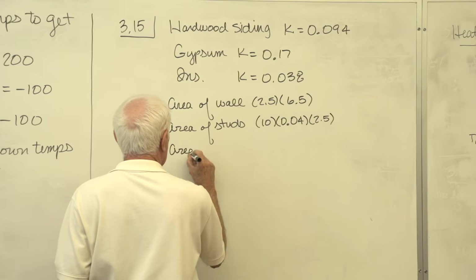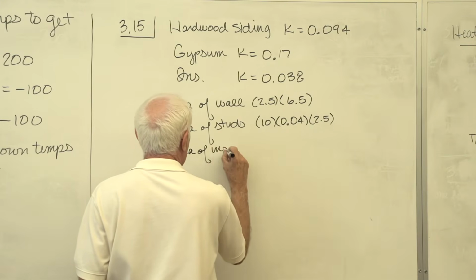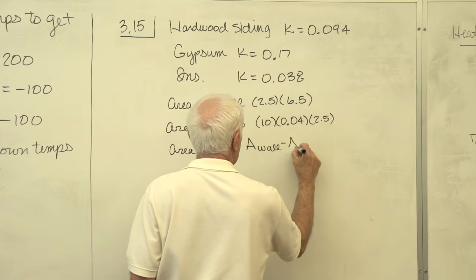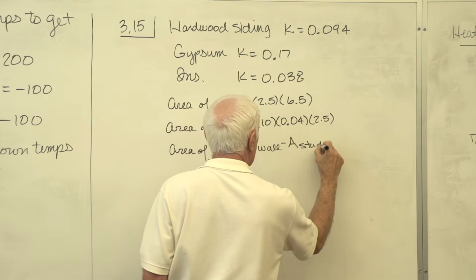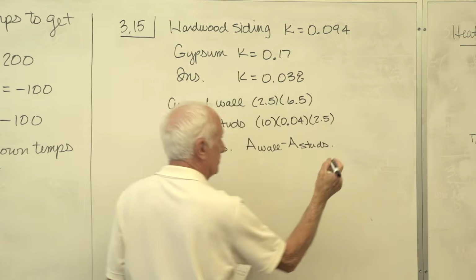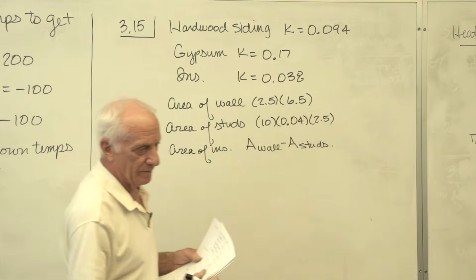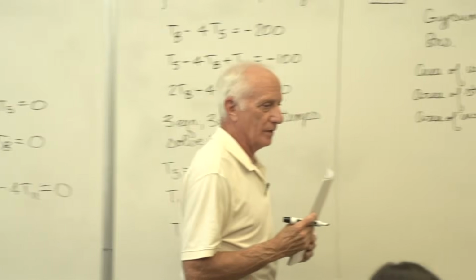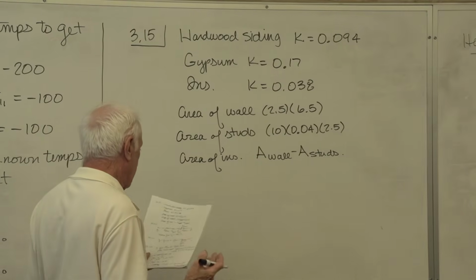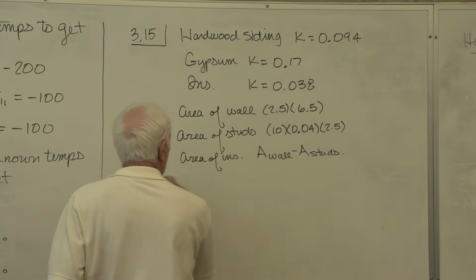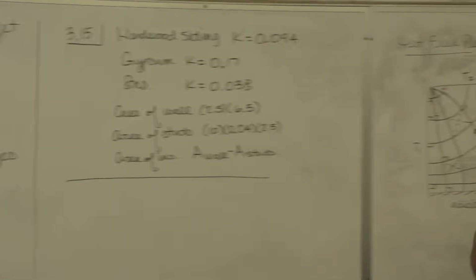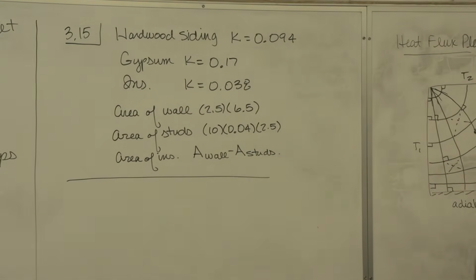Area of insulation, area of the wall minus area of the studs. You need those areas, of course, for your resistance, L over kA. If you didn't get these K values, see me after class and I'll point out exactly in the tables where the correct value is for you.